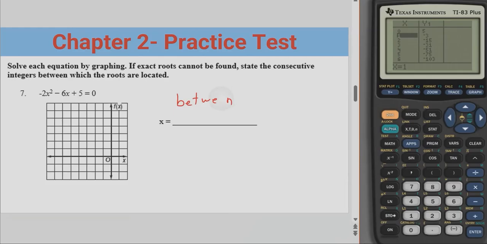So I'm looking for a change in sign on my output, on my y values. And I'm going to scroll around, try to find if it has another one. I know from the picture that it does, right? So again, I see between -3 and -4, that sign change. So those are my 2 roots for number 7.